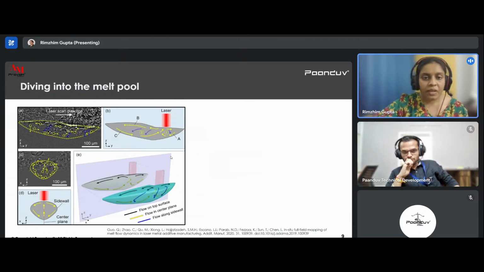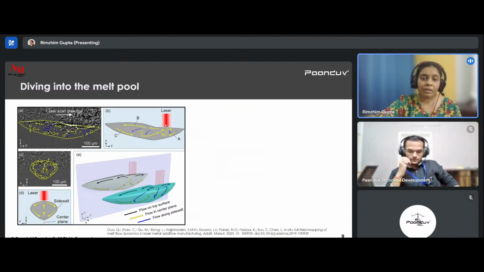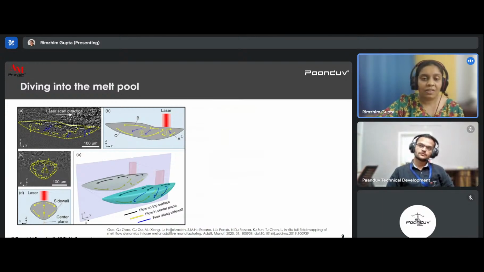So when we have the conduction mode in place, that means the laser power is not enough, but it is enough to create the recirculations in the melt pool. The whole melt pool dynamics happen because of the surface tension effect, because of the higher temperature.